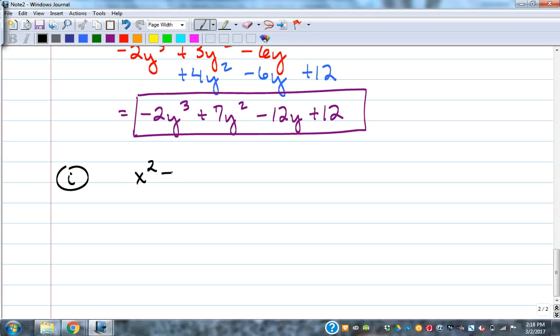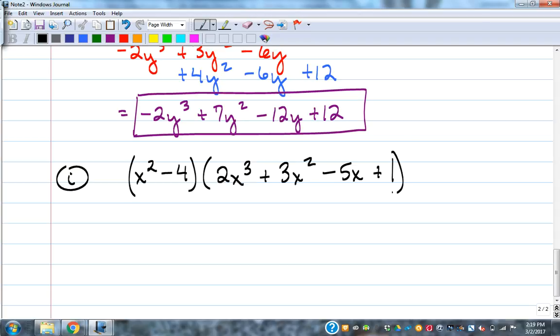Let's go a little deeper. A little bigger problem. We got x squared minus 4, and then a 2x to the third plus 3x squared minus 5x plus 1. This is where the stacking gets a little bit more useful when the problems get longer. And that's why I kind of do it this way.